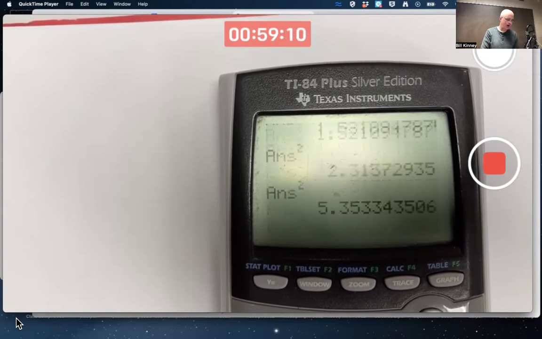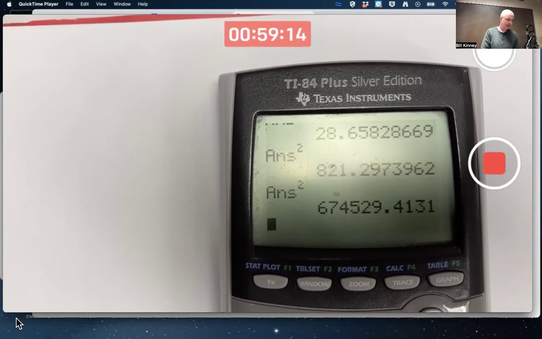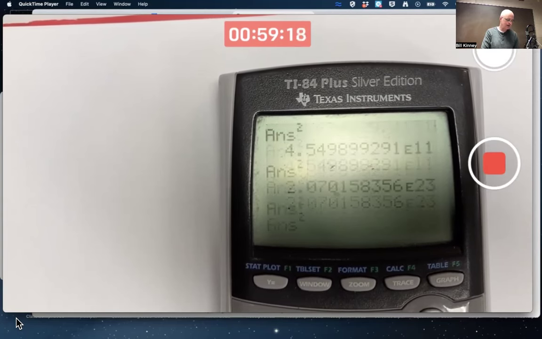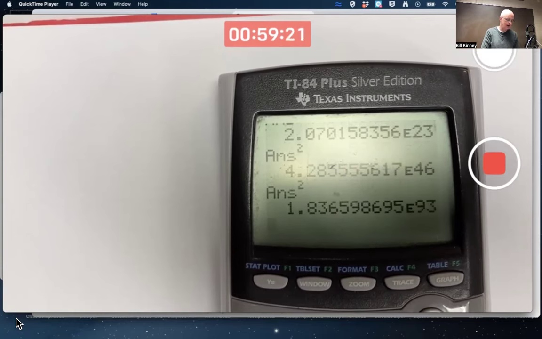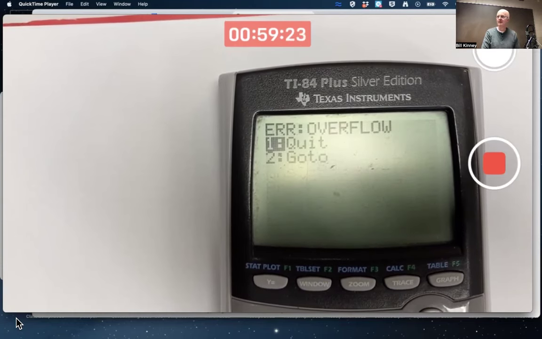Once I get above 1 or above 2, say, they grow so rapidly that within a few iterations I am into scientific notation, and all of a sudden I'm at overflow. It's a very rapidly growing sequence. Its limit is infinity, you could say, does not exist in that special way.